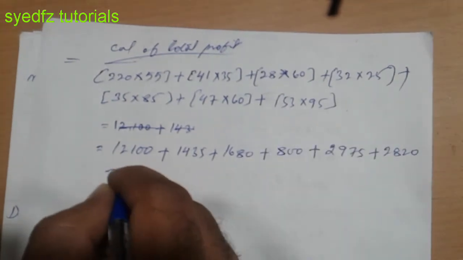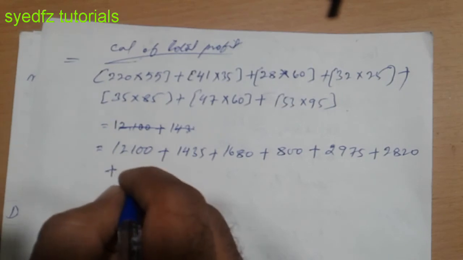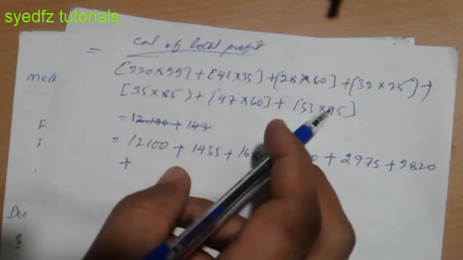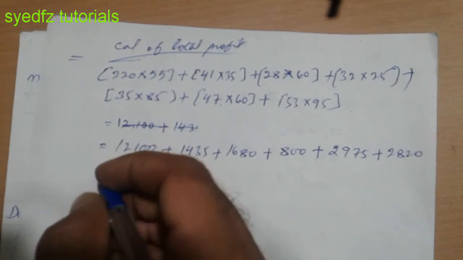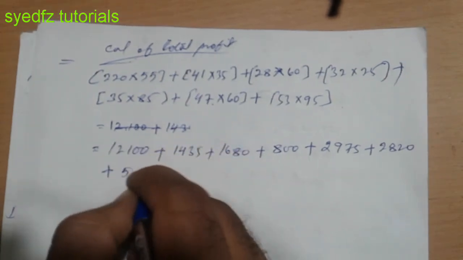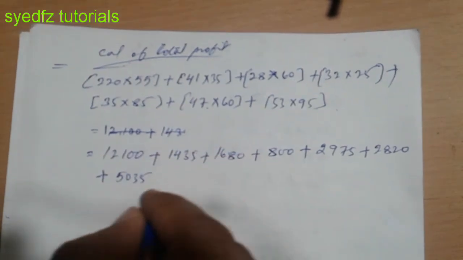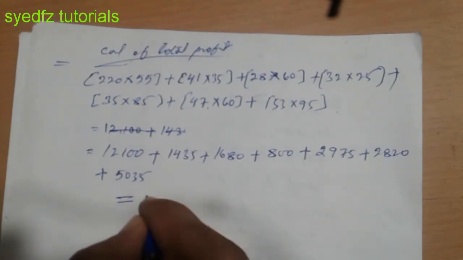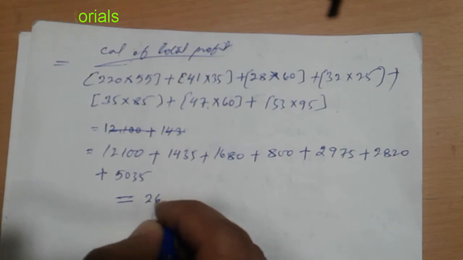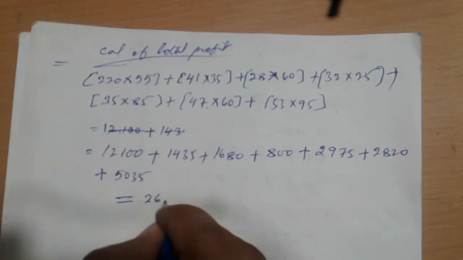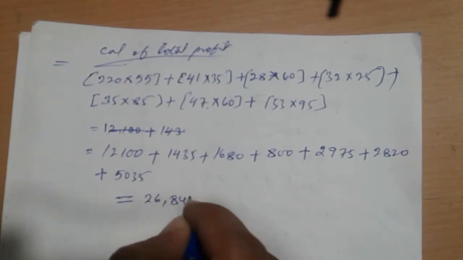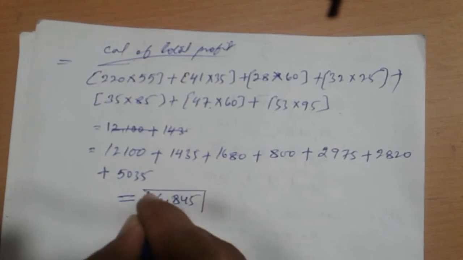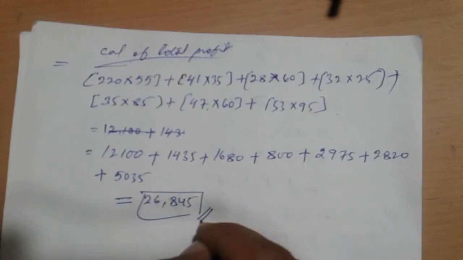Now the last one plus 53 into 95, 5035. The overall profit is 26,845. This is the overall profit.